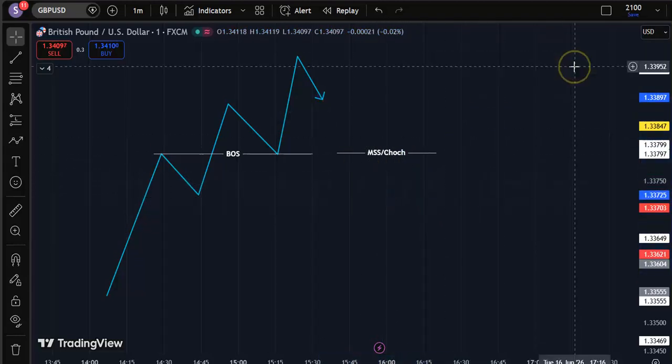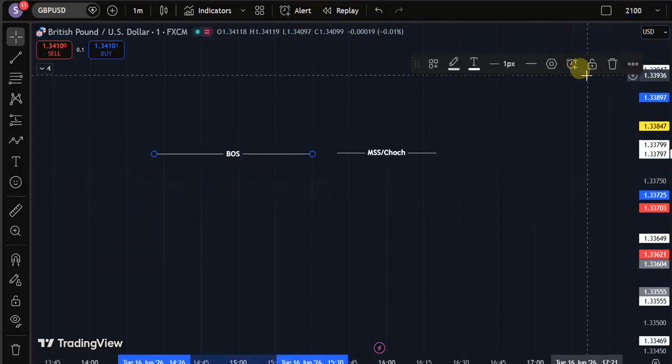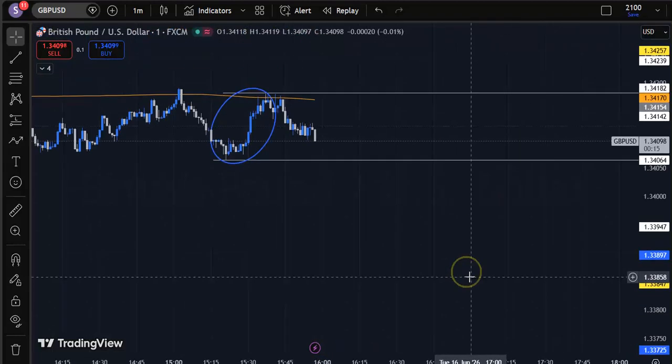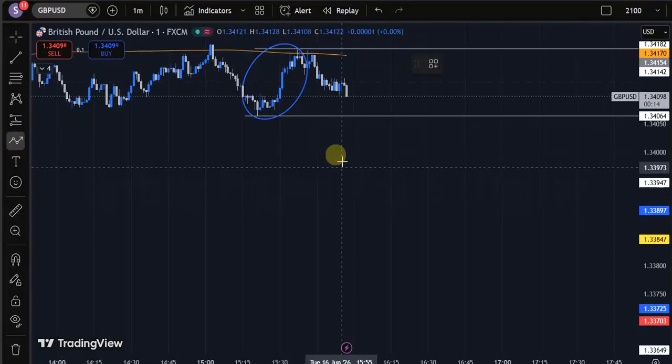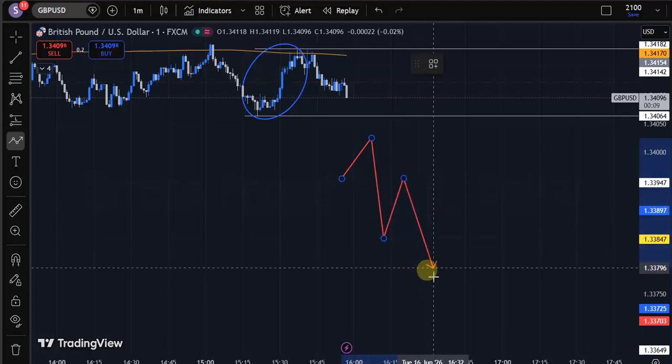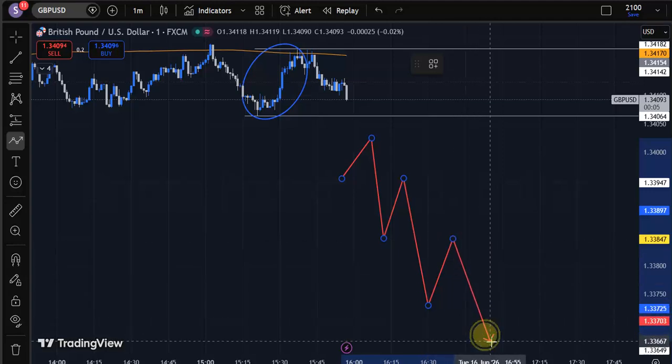And then let's explain market structure shift or change of character in a bearish movement. In the case of a downtrend, how can you anticipate or how can you see a market structure shift? I'll just leave it like this.